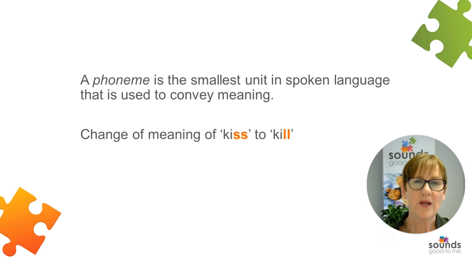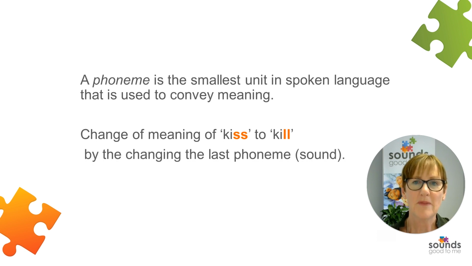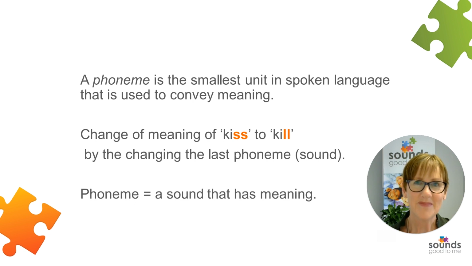So if we want to change the meaning of the word kiss to the word kill, we do it by changing the last phoneme or sound. So by changing the s in kiss to an l, we get the word kill, which has a totally different meaning, of course. So for our purposes, a phoneme is a sound that has meaning.